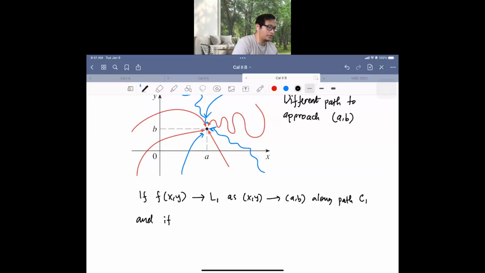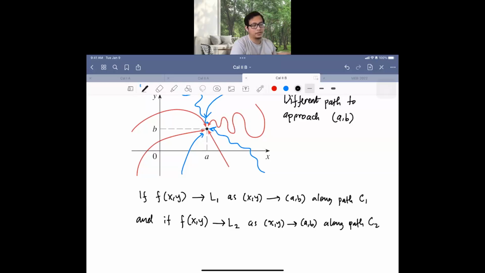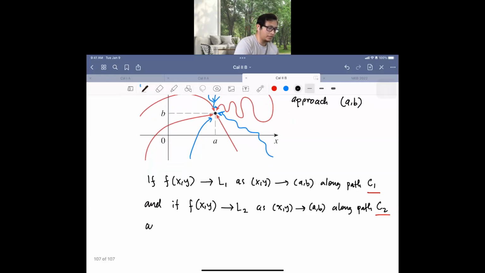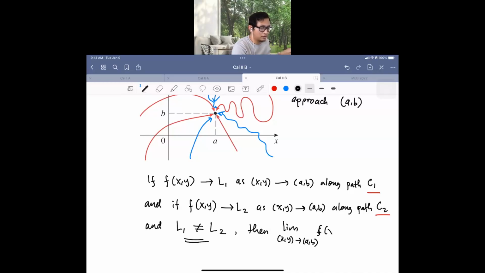And if f of xy goes to L2 as xy approaches AB along path C2, so we have a different path, and L1 is not equal to L2, so it's a different result, then you can say that because this is different, the limit doesn't exist.